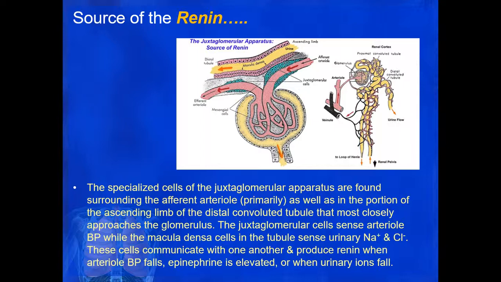The juxtaglomerular cells sense arterial BP, while the macula densa cells in the tubulus sense urinary sodium and chloride. These cells communicate with one another and produce renin when the arterial BP falls, epinephrine is elevated, or when urine ions fall.